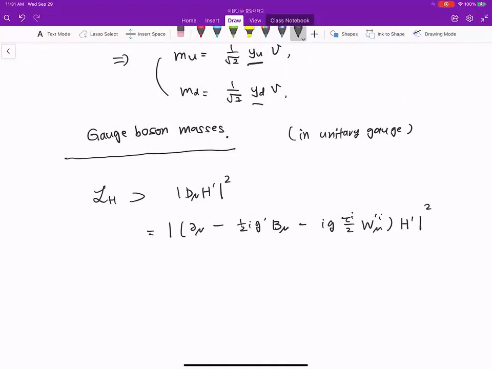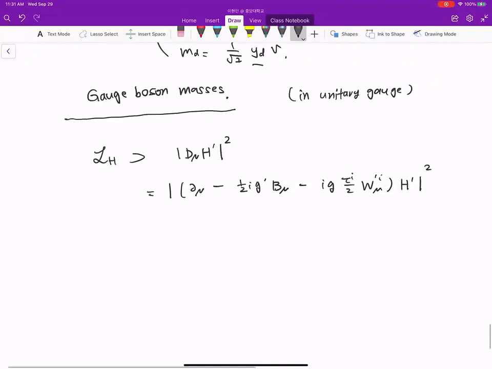So, sorry, but let me drop the prime just for convenience. This primed gauge boson contains the longitudinal component, so it is different from the unprimed gauge field. But just for convenience, let me drop the prime.